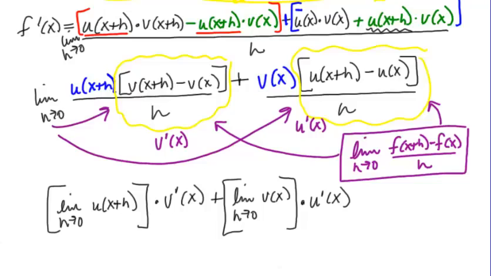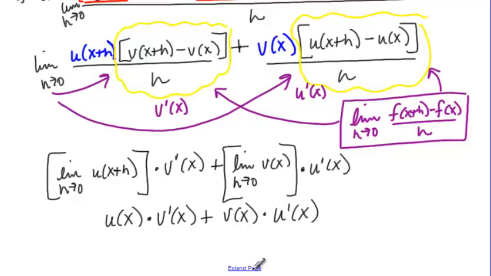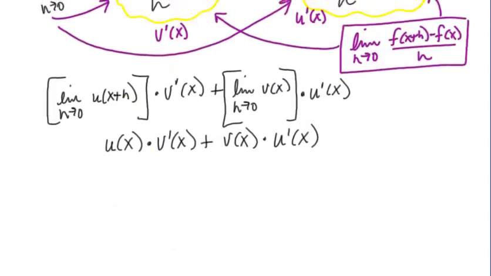All right, now if we simplify what we've got here, if we apply the limit and let h go to 0, you end up with u of x times v prime of x plus, and since there's no h here, this doesn't change, it's just v of x times u prime of x.